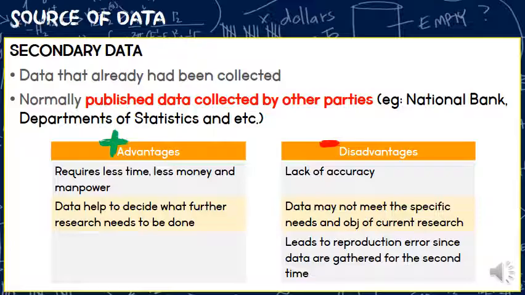The other one is what we call as secondary data. The data already been collected by someone else. Normally published data collected by other parties. So, I keep giving you an example where I want to study about the student CGPA and I ask the student, okay, I go to each student and I ask them, what is your CGPA? I record. Itu primary data.